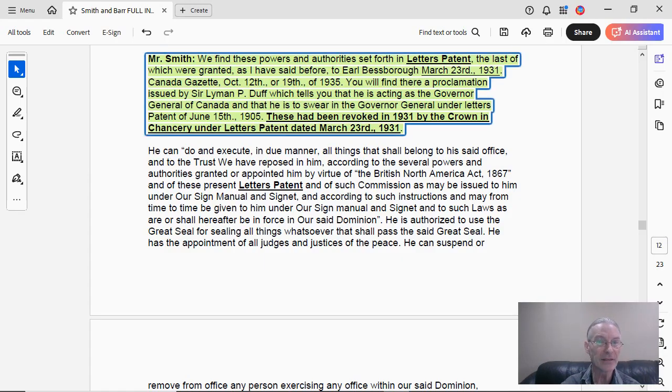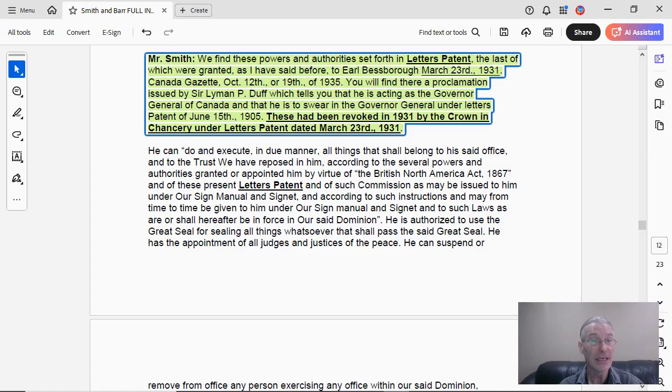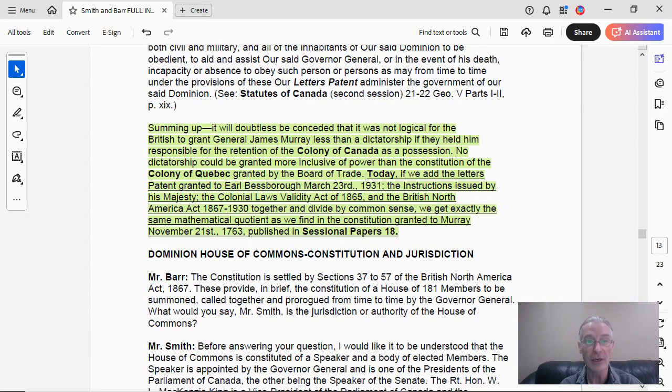So this Sir Lyman Duff claims he was acting as Governor General and he was going to swear in a Governor General under letters patent that were revoked years before in 1931. Deliberate deception and fraud. And he was caught because he published it in the Canada Gazette. I haven't got my hands on that one yet, but I'm working on it.